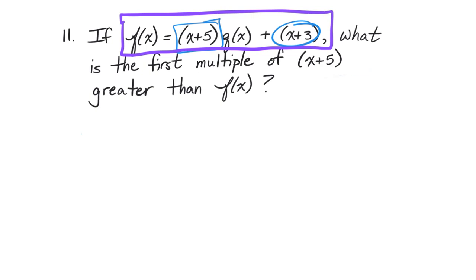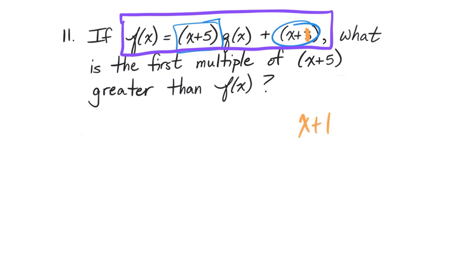But I now want to go up and change the question so you can see the pattern. If f of x equals x plus 5 times q of x plus 3, well, let me change that plus 3 now to an x plus 1. Okay, what's the next multiple of x plus 5 that is bigger than f of x? Well, right now, you have a remainder of x plus 1.